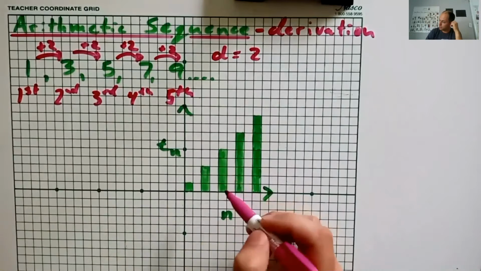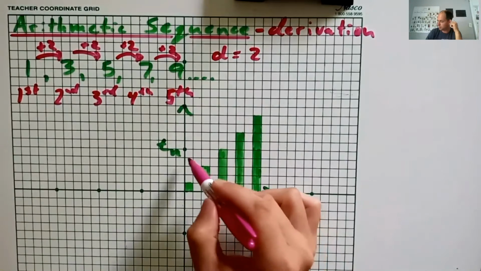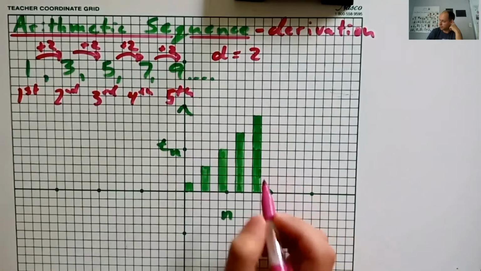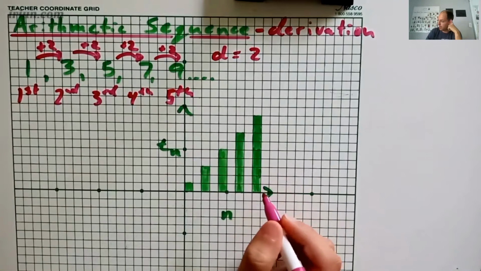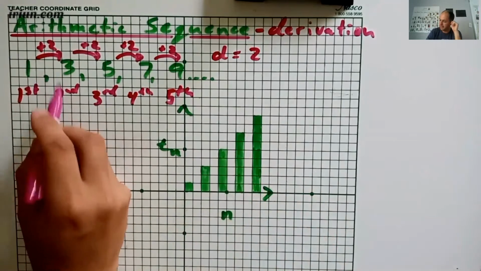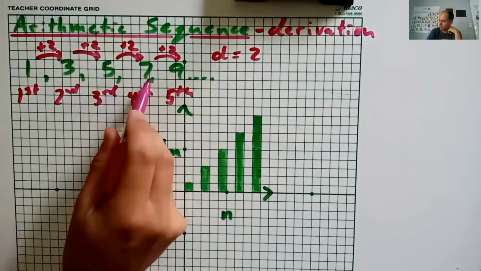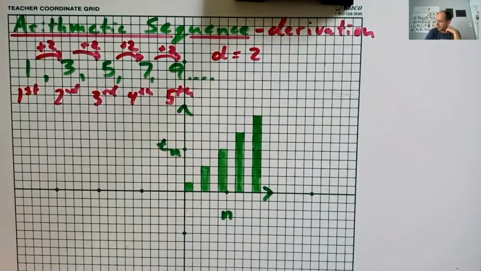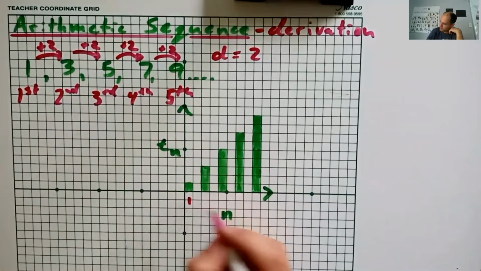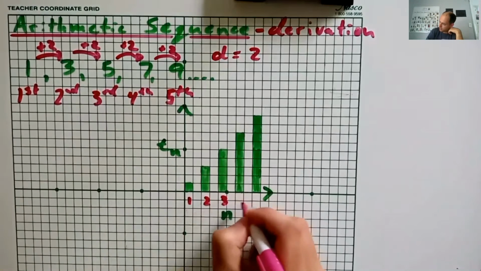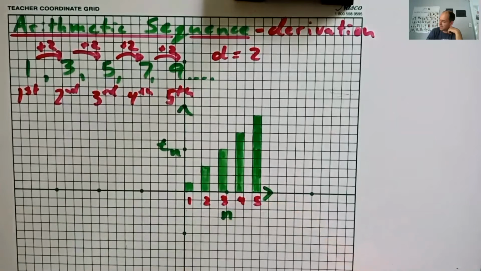The value of the nth term, we say Tn. So for example, T1 would be 1, T2 is 3, T3 is 5, T4 is 7, and T5 is 9. So this is the first, second, third, fourth, and fifth values.